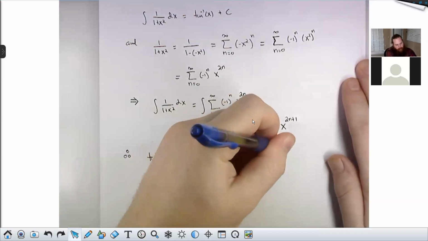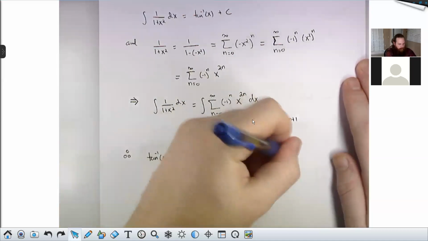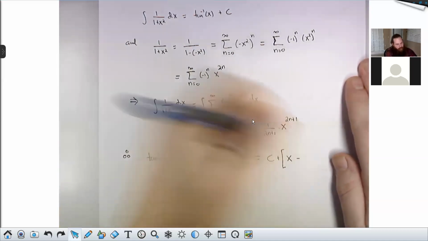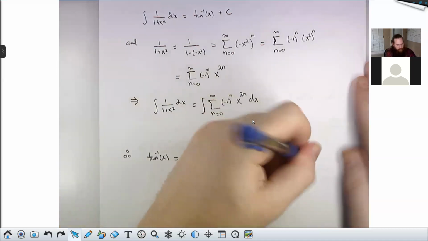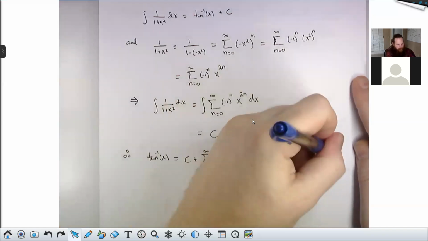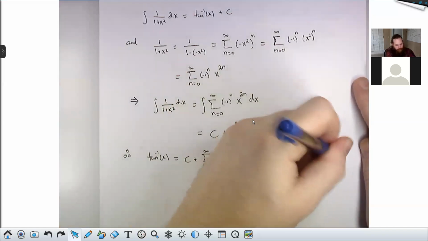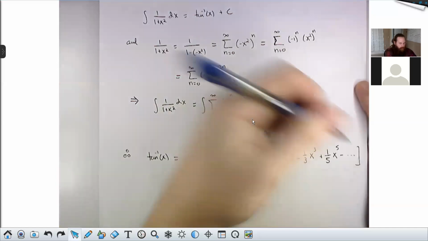This is c plus, when n is 0, I get x. Then when n is 1, I get minus 1/3 x cubed. Then plus 1/5 x to the 5. Minus 1/7 x to the 7, and so on.